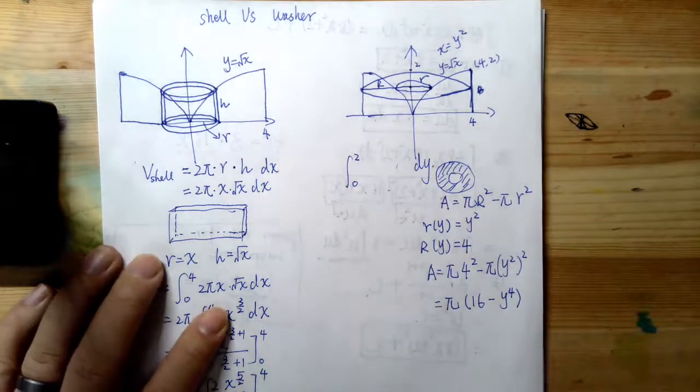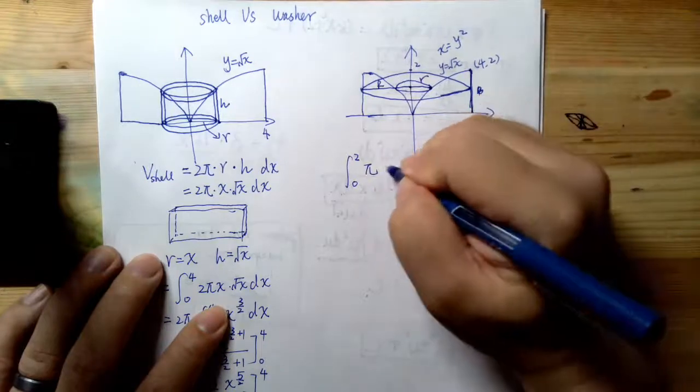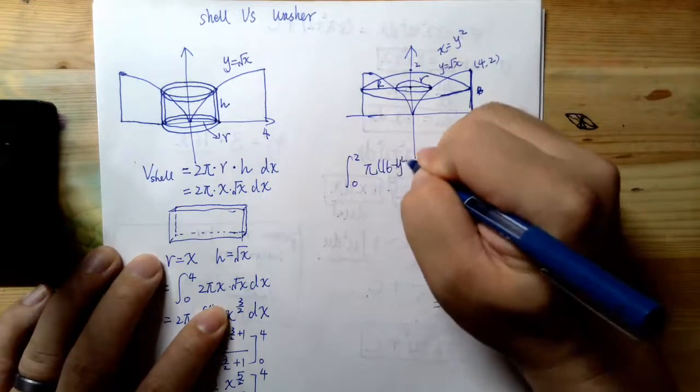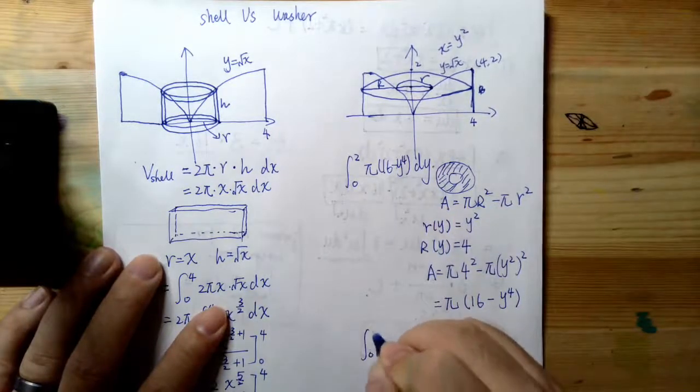Then we can fill this back into the integral, which is pi times 16 minus y to the power of 4.